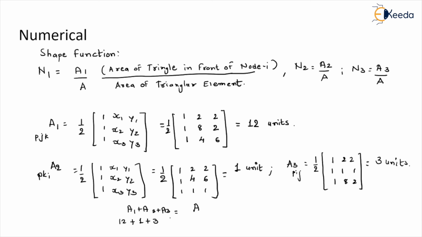Total would be equal to the area of total A. So we can find out the area of total A, which is I comma j comma k. Putting the values 1 by 2, 1 comma 1, 8 comma 2 and 1 comma 4, we will get the answer 16 units.